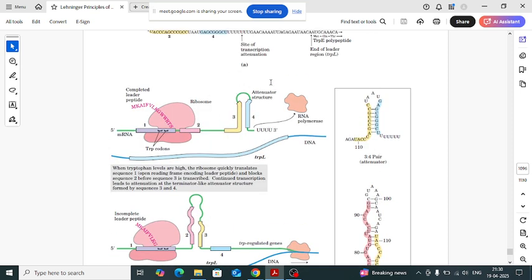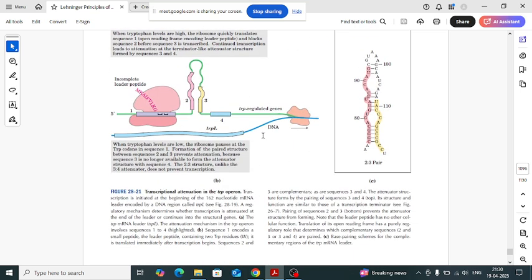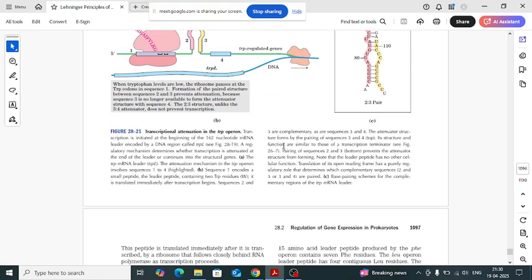So the attenuator structure is not formed here. So because of this lack of the attenuation structure, the RNA polymerase is not dissociated. It is continuing the transcription of the downstream genes, right? So that's why the low tryptophan level is switching on the TRP operon system, but the high tryptophan level is switching off the TRP operon system, right?